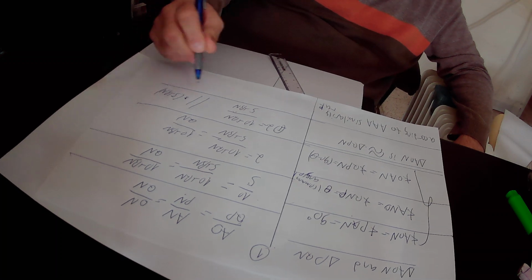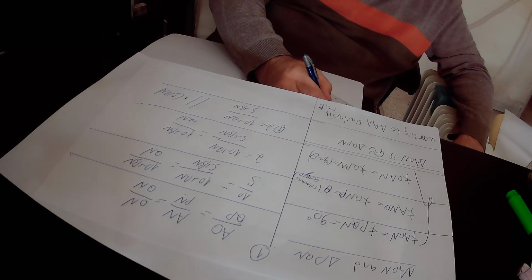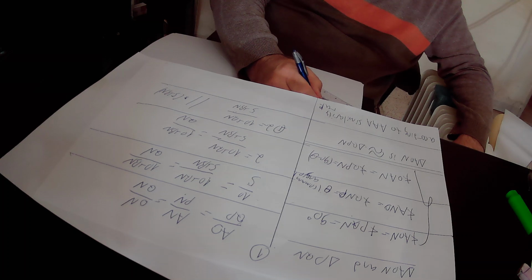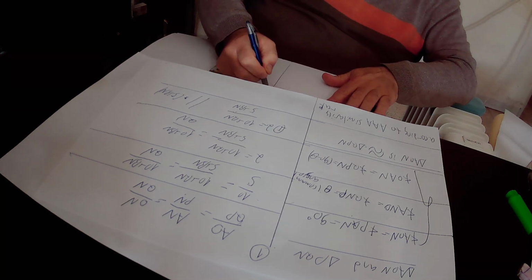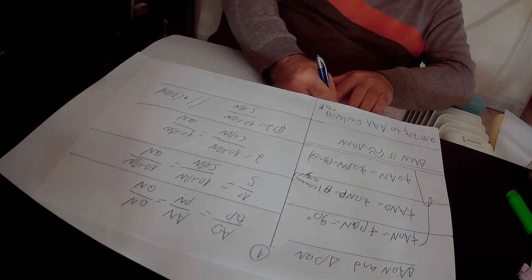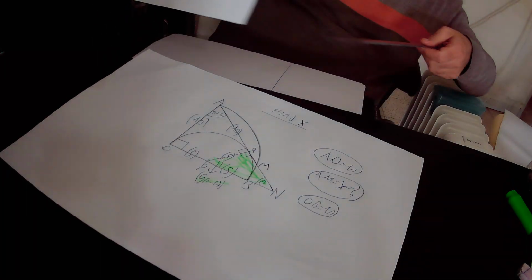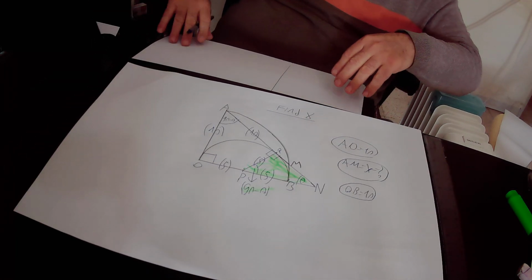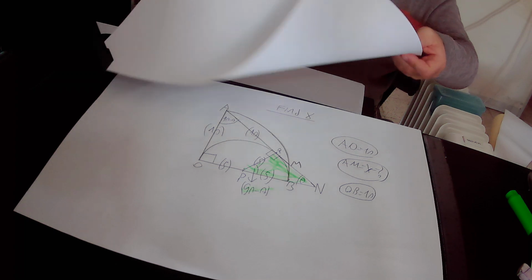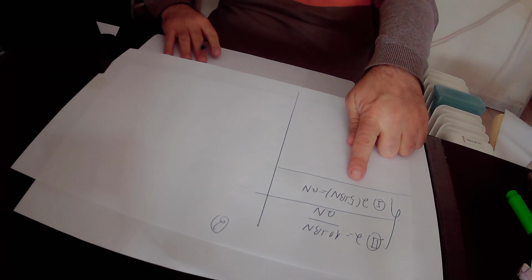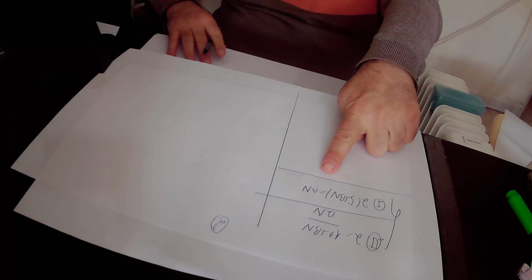And we get that according to equation number 1, 2 times 5 plus BN equals 10 plus QN.